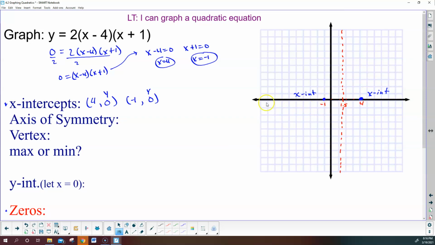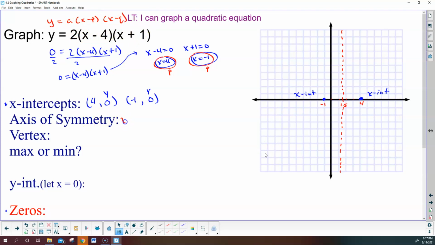Now, if you don't love what I just did, you could take your two answers, and technically this is the P and this is the Q. Usually what I do, I forgot to, is write the intercept form: y equals a times x minus p times x minus q, and that way you can tell what a, p, and q are.